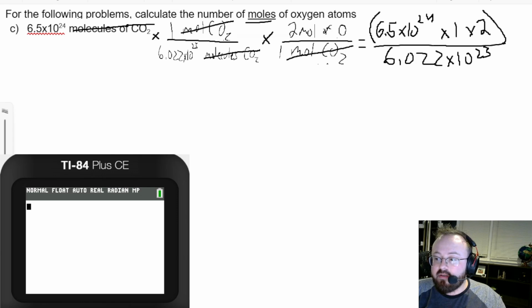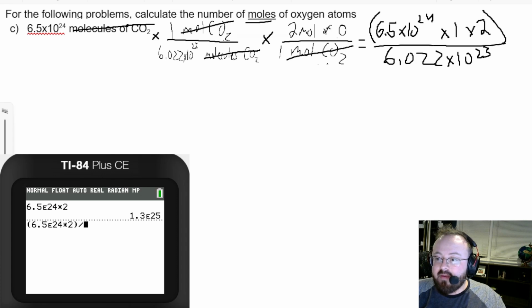Let's make it a little bit bigger here. We're going to get 6.5 E24 times 2. I'm kind of skipping through the math here. No, let's do this properly. I'm going to do this in a calculator, so to speak. Times 2.